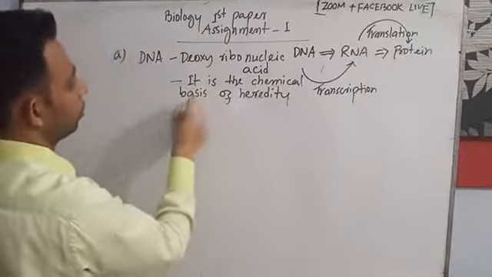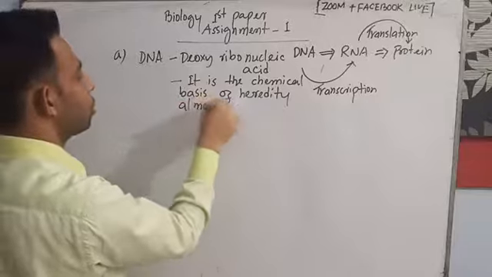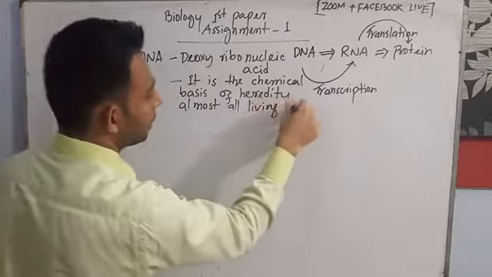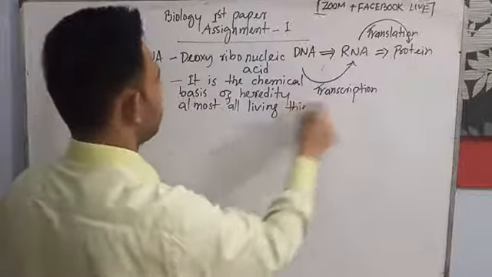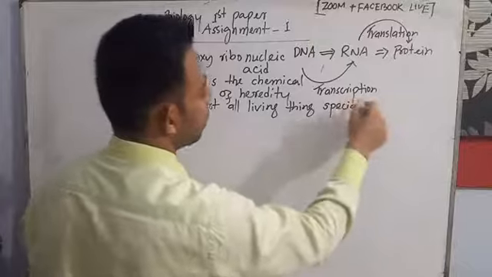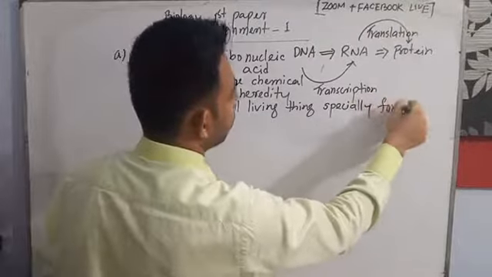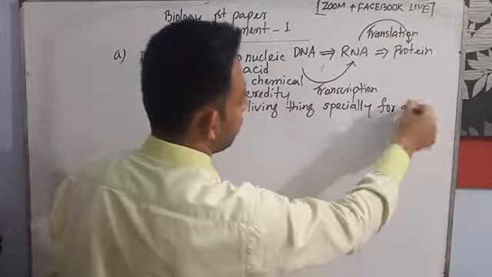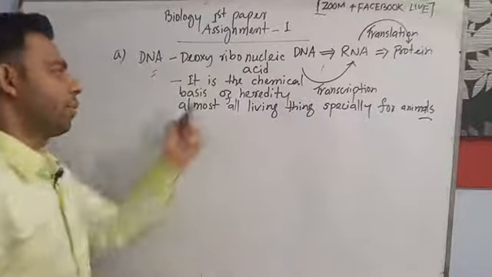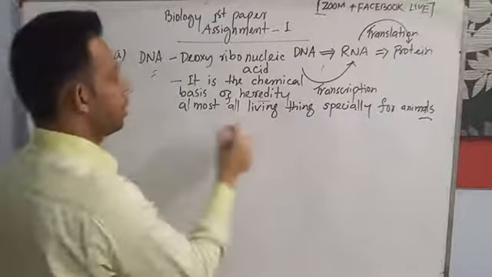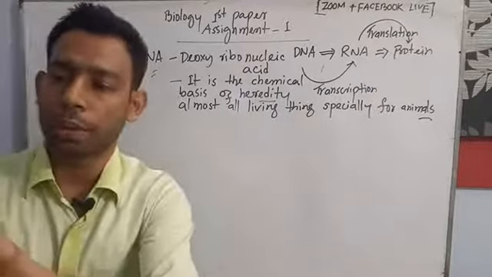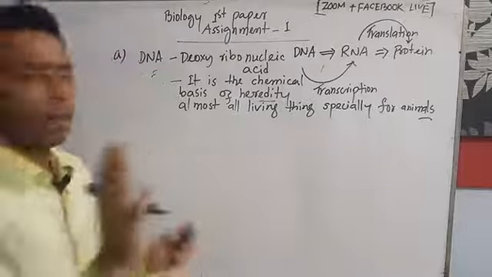Almost all living things, especially for animals. That means in case of animals, DNA is present as the heredity material and chemical basis of heredity. Just simple writing, very simple writing.